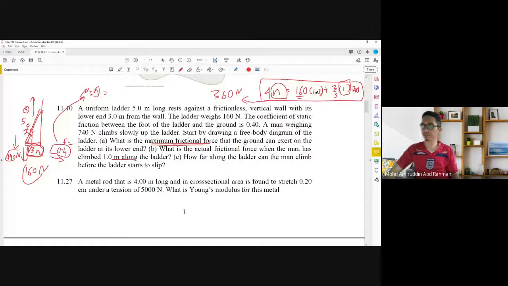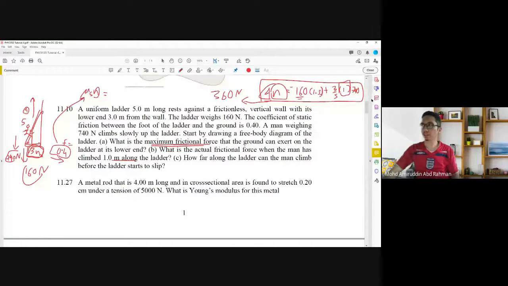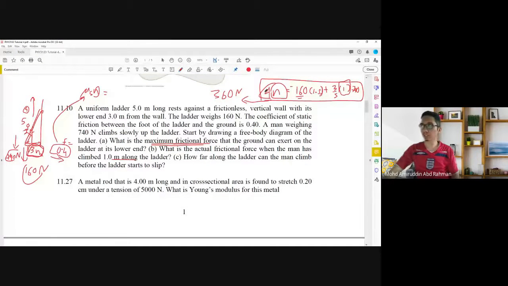Which is the center of the ladder, and then this is for the man. So this one minus this one, and then divide with 5 times 5/3, divide with 740 Newton.